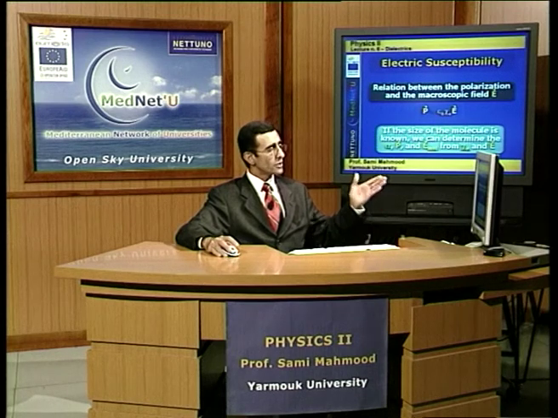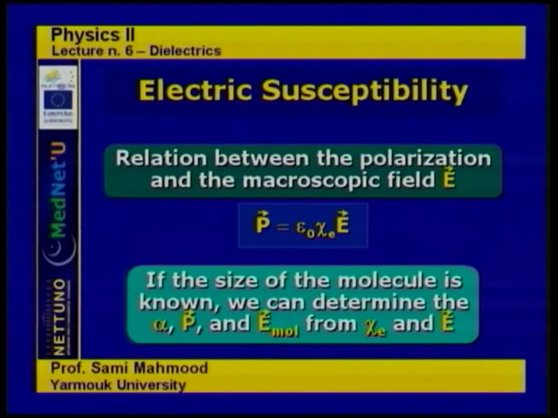Now, considering this relation and all the definitions of all parameters, it indicates that if the size of the molecule is known, then we can determine the polarizability alpha, the polarization P, and the molecular field.